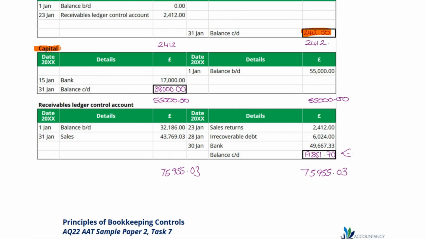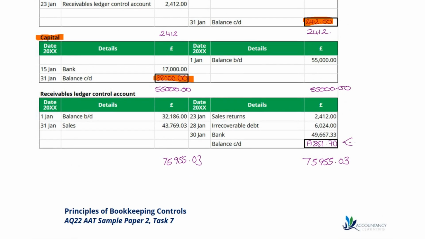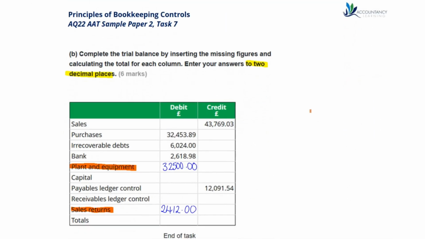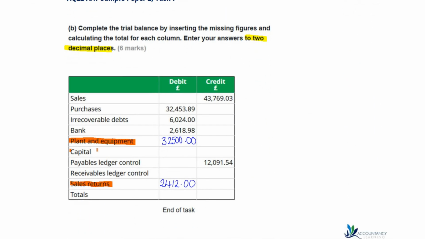Now we've got capital, and we've got 38,000. So capital is a credit balance. So we can put 38,000 on the credit side.